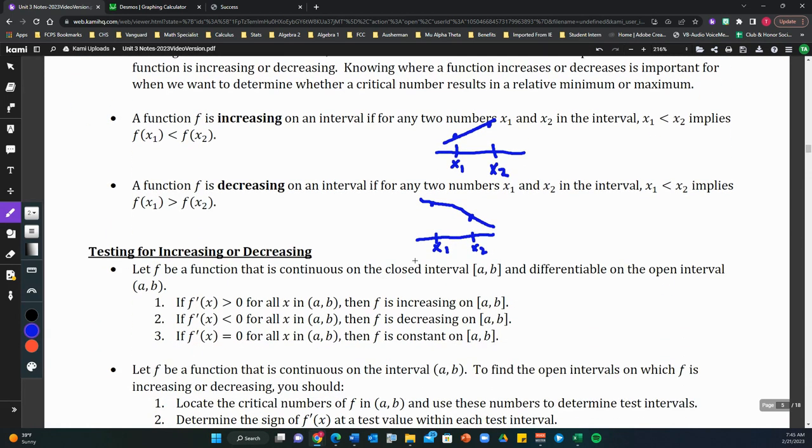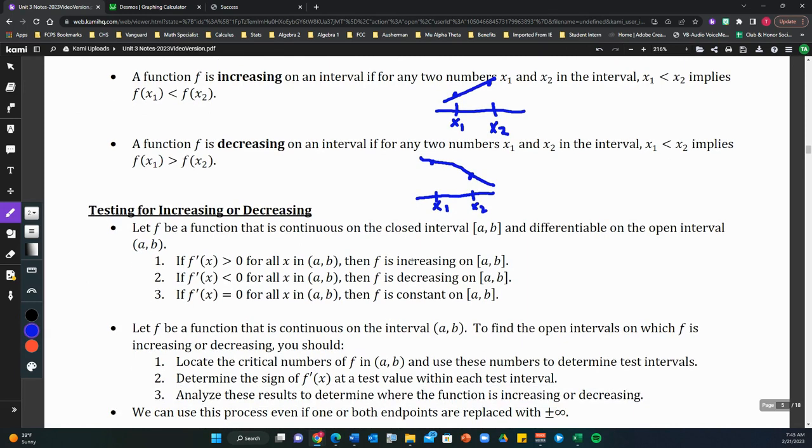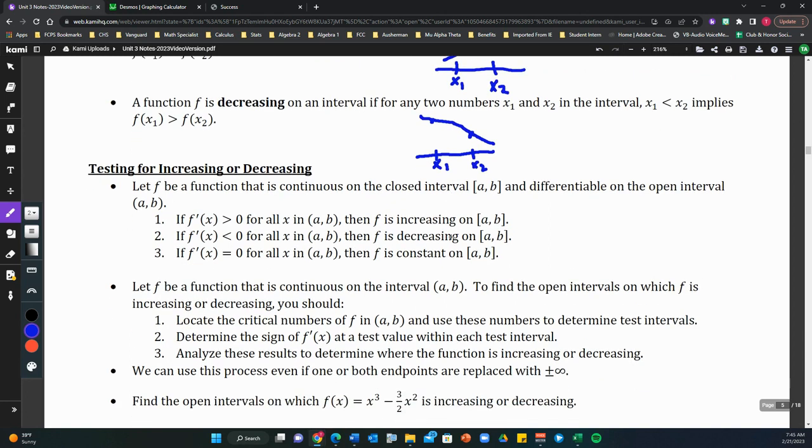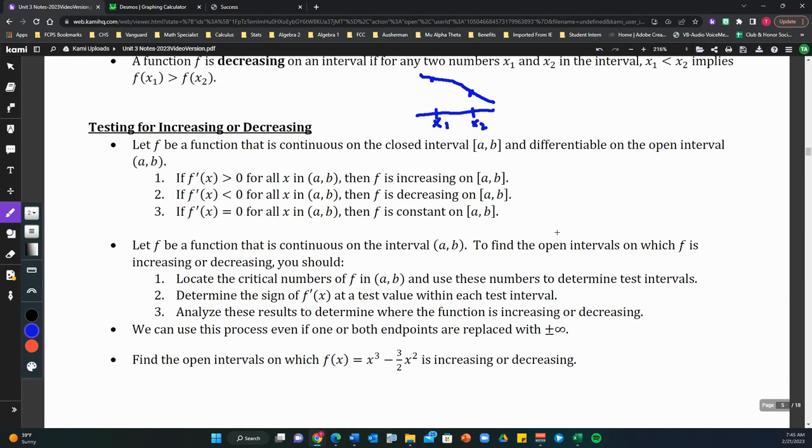So we could take that concept and the idea that the slope of the tangent line is the same as the value of the derivative to help us connect the original function's increasing or decreasing characteristic with the value of f prime. When we want to test for increasing or decreasing, we're going to let f be a function that is continuous on the closed interval a to b and differentiable on the open interval a to b.